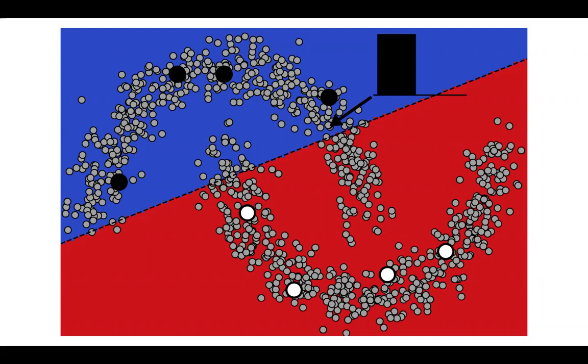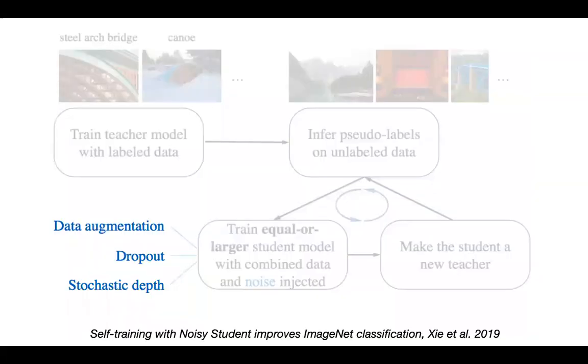But self-training is useful. People use self-training all the time. Entropy minimization is useful. People use it all the time. So what are they doing? Well, it turns out that what they're doing is basically regularizing the model. If we regularize the model, then the model is kind of forced to have a smoother decision boundary. And how exactly to regularize the model? Well, that's something that we figure out empirically, but you can see, for example, in the Noisy Student paper, indeed, they do apply a significant amount of regularization when using self-training.